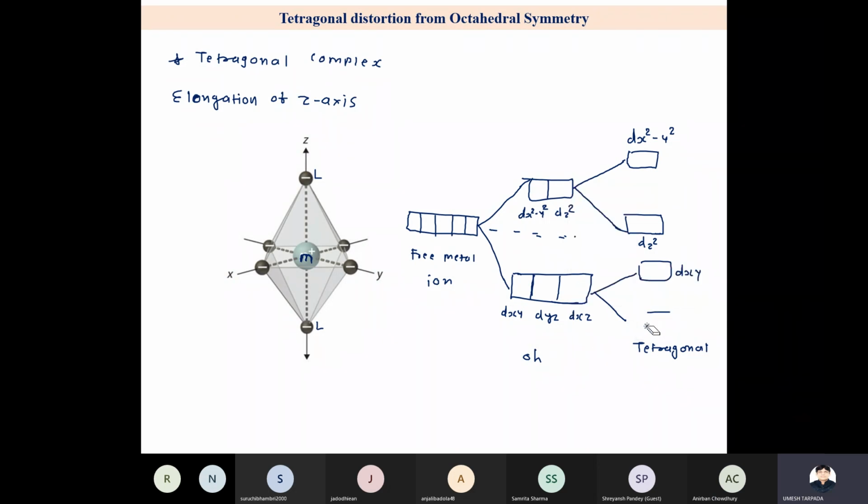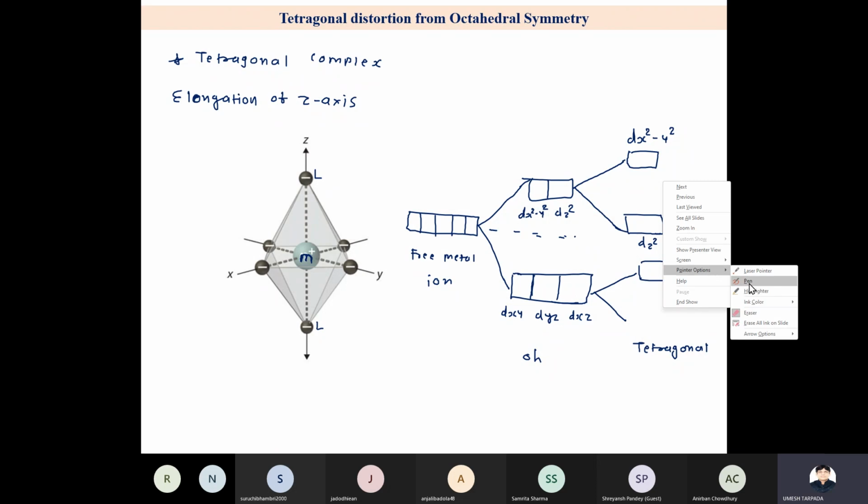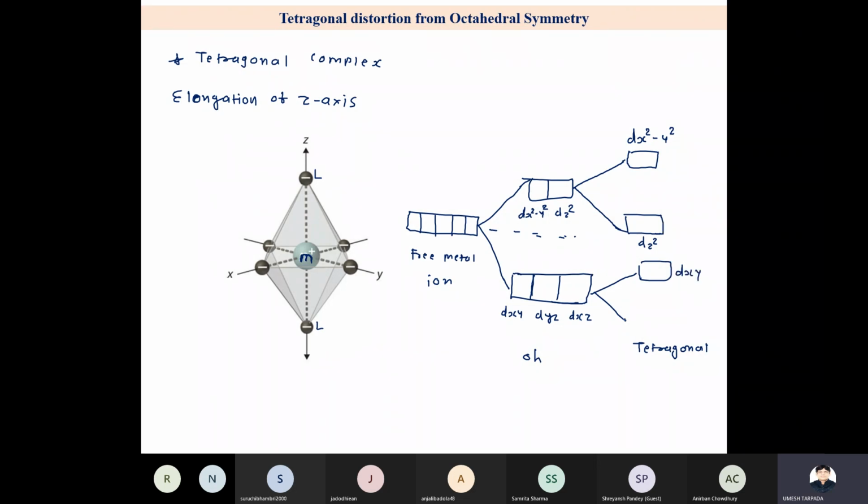So the z component energy decreases. This is called tetragonal elongation. This is the case of tetragonal complexes.